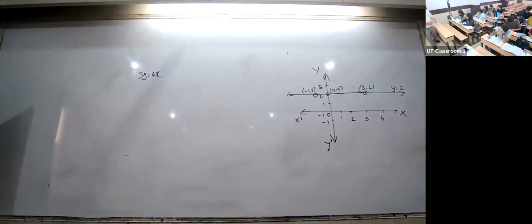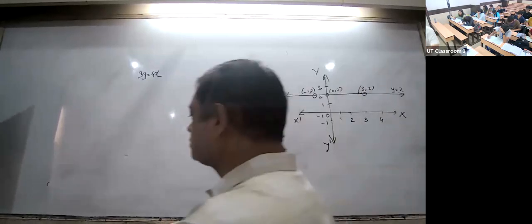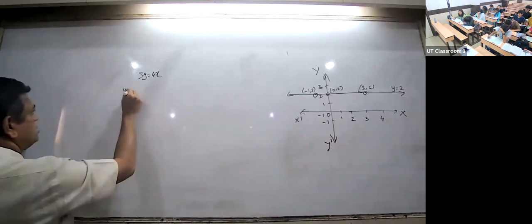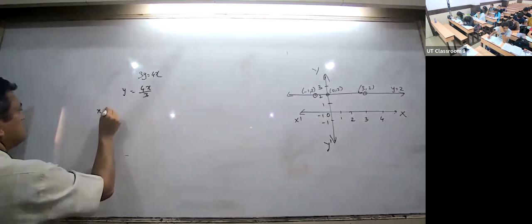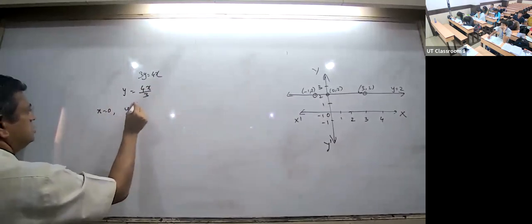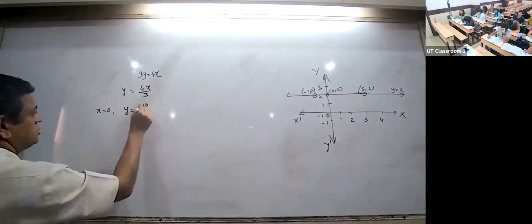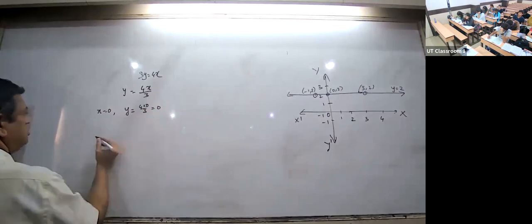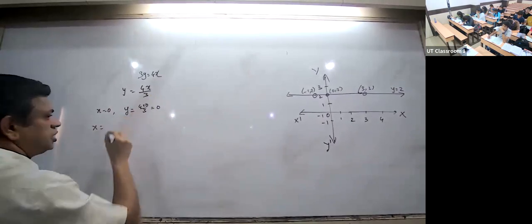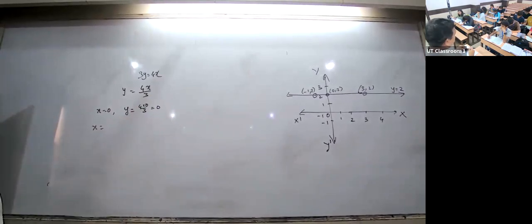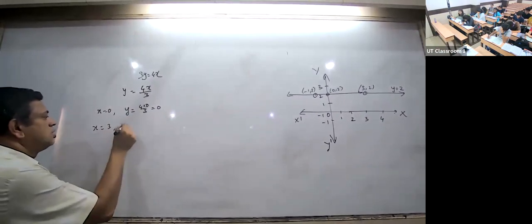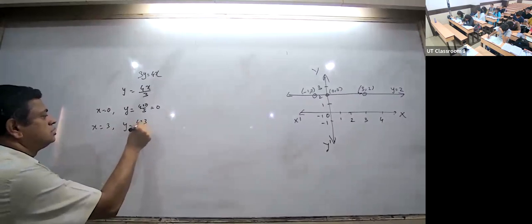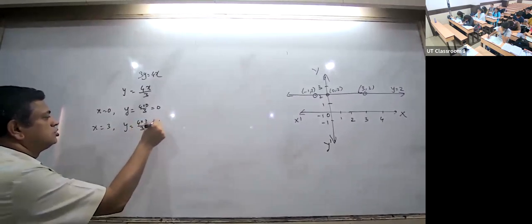Right now, what is the problem over here? You can express whichever one. If you want y is equal to, then put the value. If I put x equal to 0, what is the value of y? 4 into 0 by 3, how much? 0. Then add or subtract the denominator. The third day we are discussing the same thing. Add 3, so y is equal to 4 into 3 divided by 3, that is equal to 4.